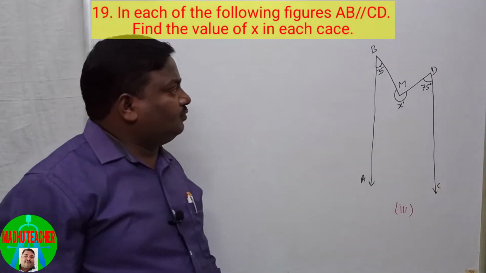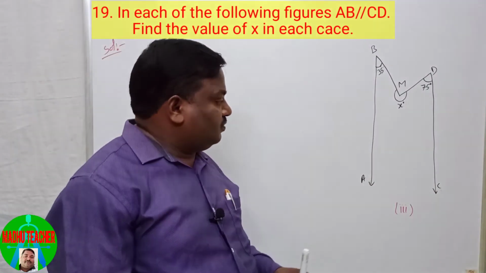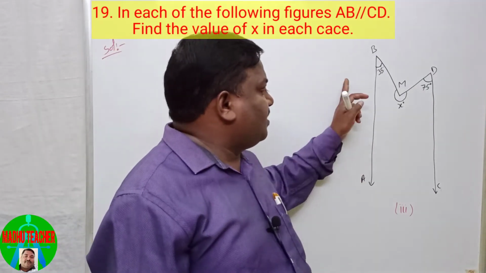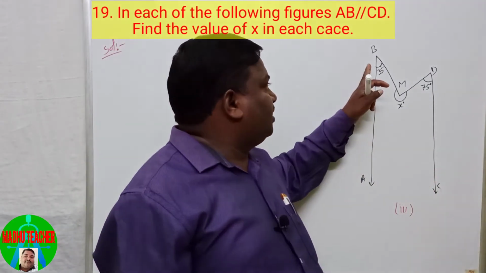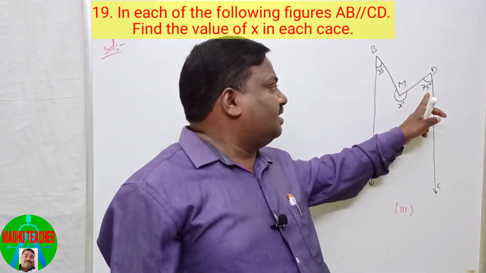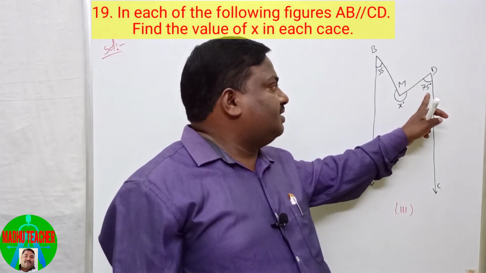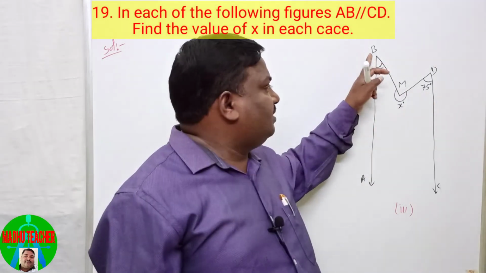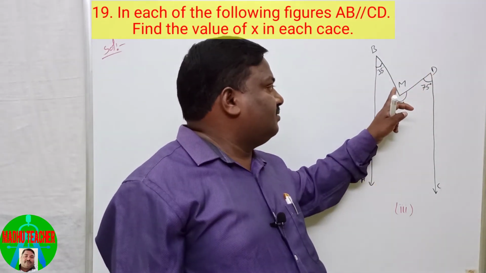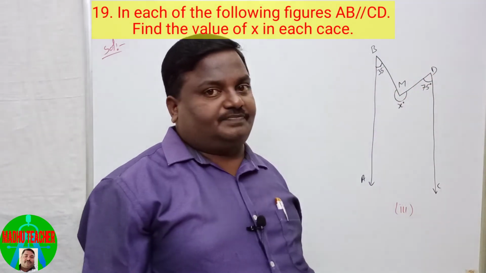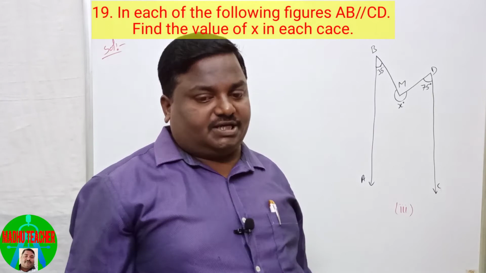Next, okay, the third figure is the same. AB parallel to CD, angle B equal to 35 degrees, angle D equal to 75 degrees, angle BMD equal to x degrees. Then find the value of x.